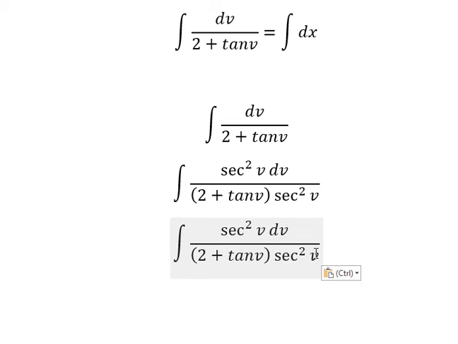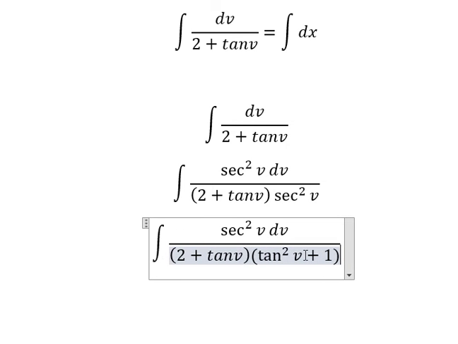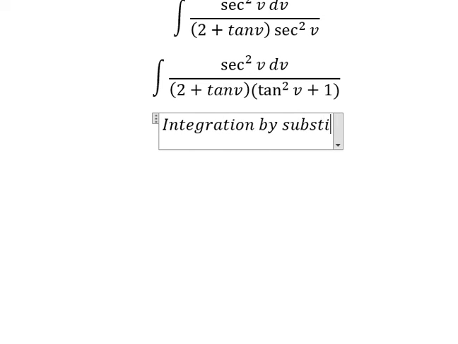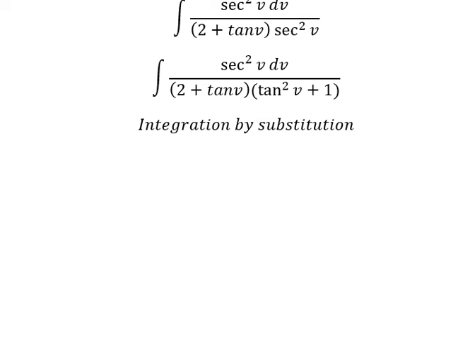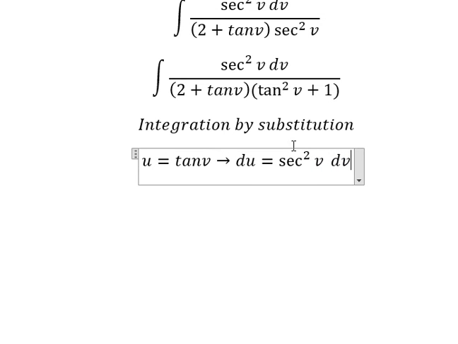So this one, we know that secant of v squared is tan v squared plus 1. So we can use integration by substitution. I will put u equals tan v. So if I do the first derivative for both sides, you get du equal to secant of v squared dv.